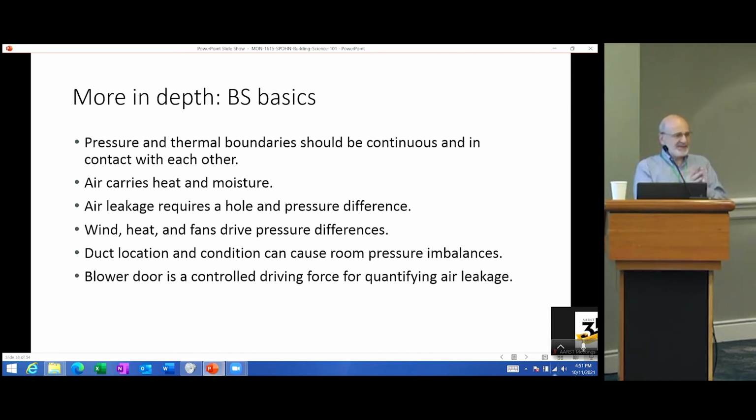Wind, heat, and mechanical fans can drive the pressure differences, along with leaks in the mechanical system. Duct location and the condition of the ducts can cause room pressure imbalances. That gets a little more into detail with just where the ducts are laid out. And the blower door is one of the best tools to control this driving force and to quantify the air leakage.